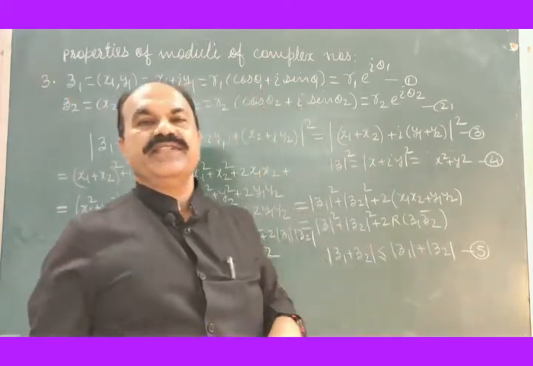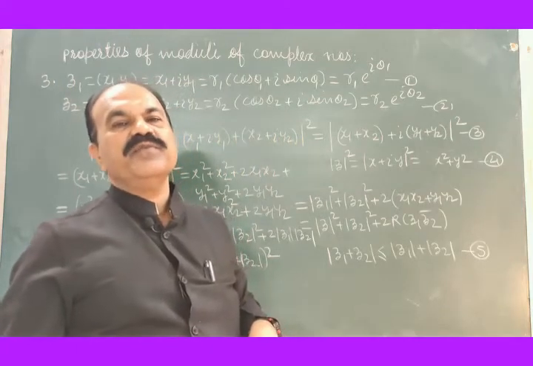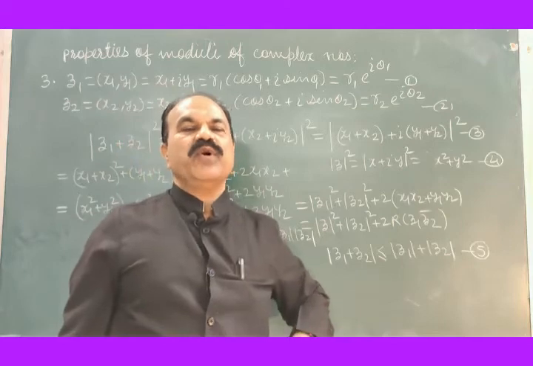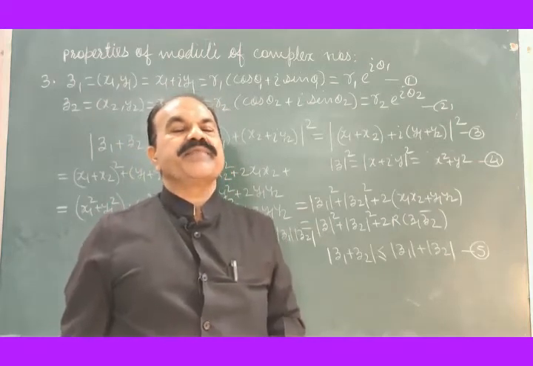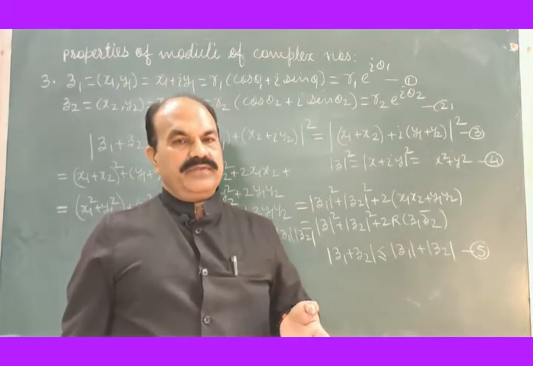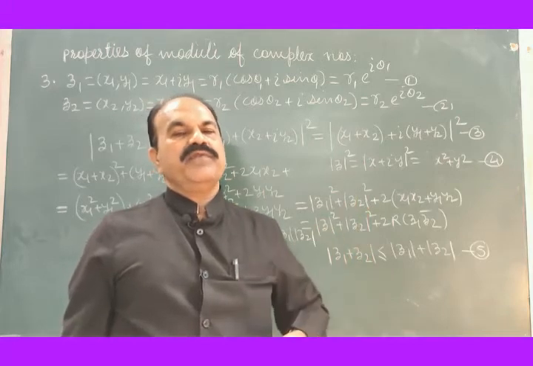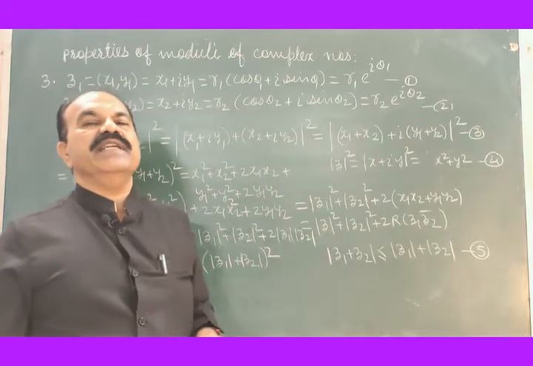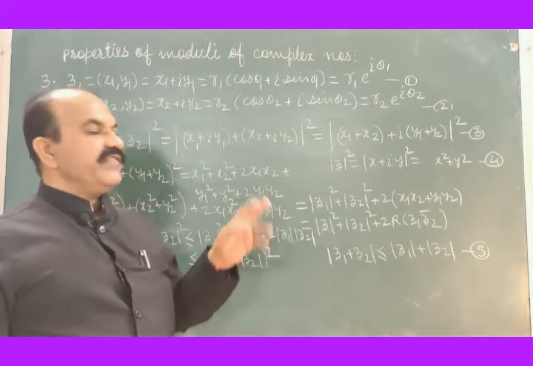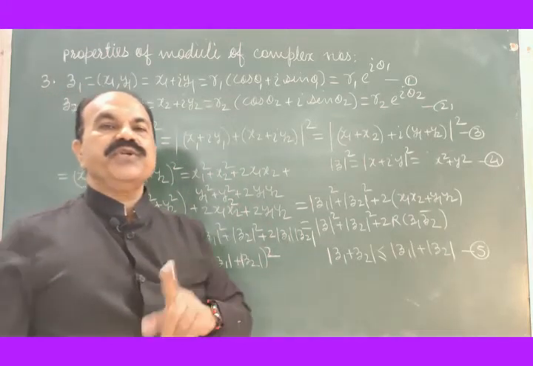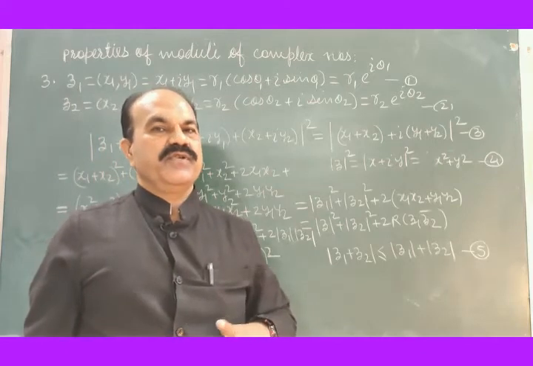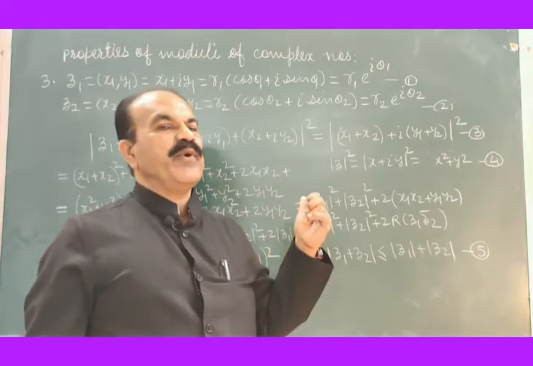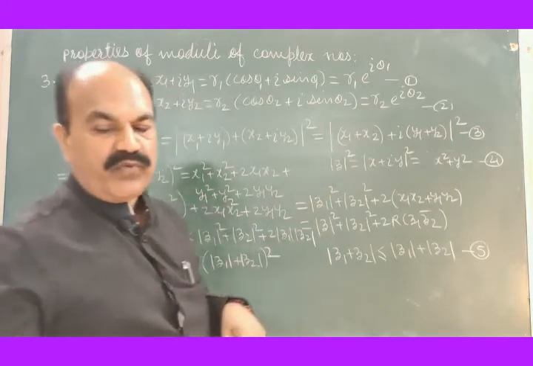This is the third property of moduli of complex numbers. This is verified using two different ways. Hope you understood this. And the last point from this article, point number 4.